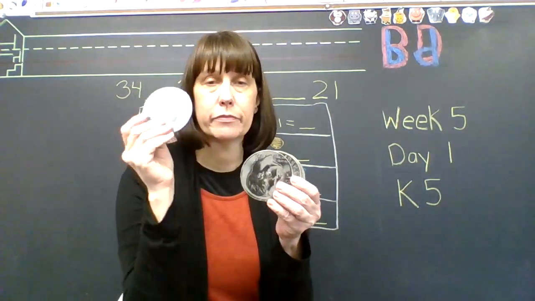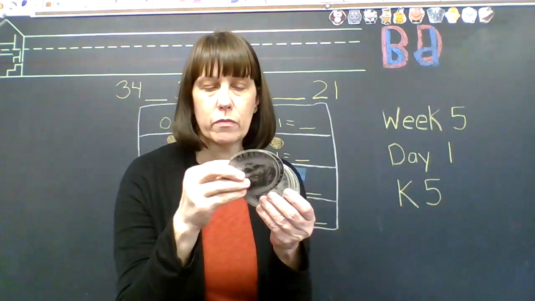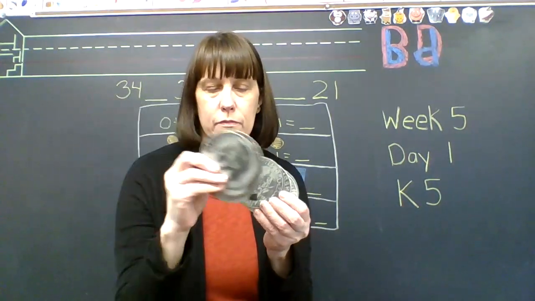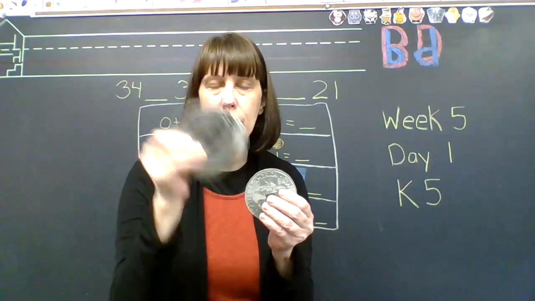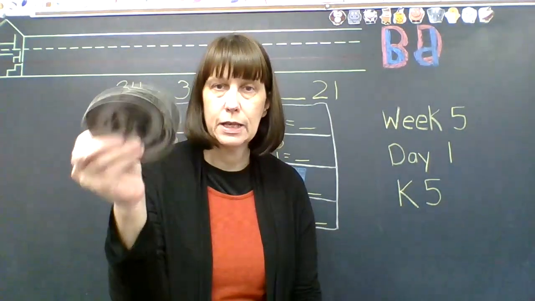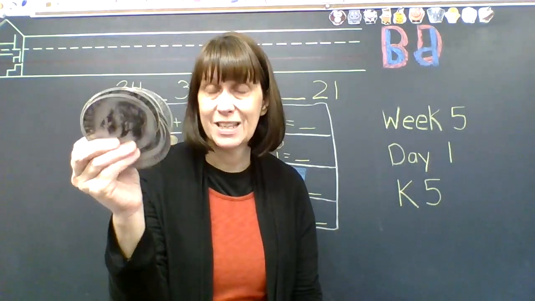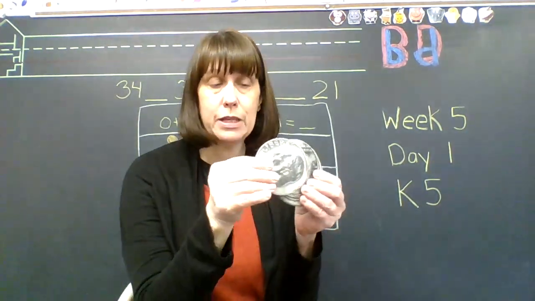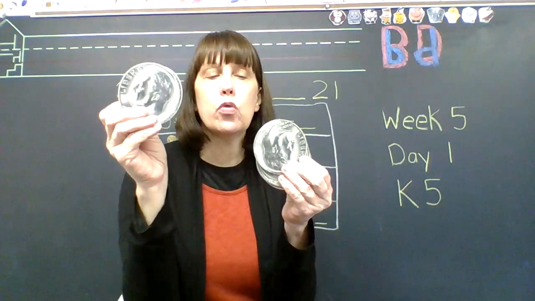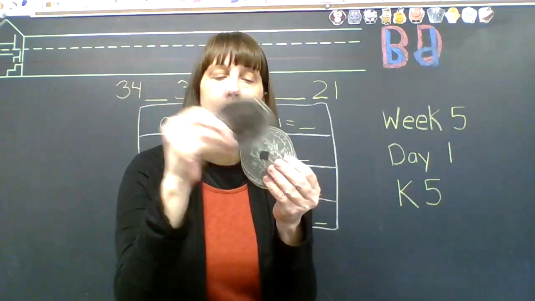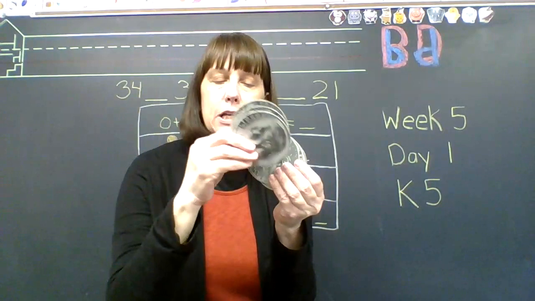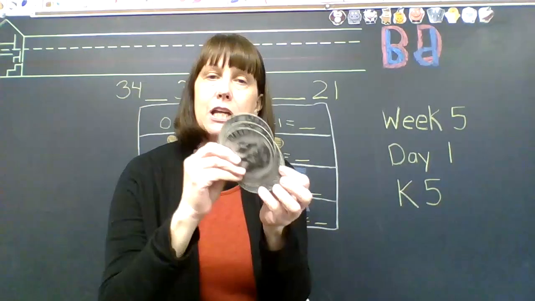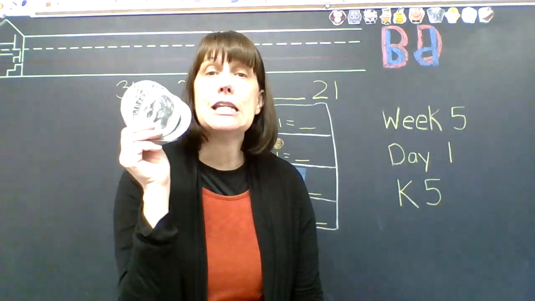All right, boys and girls, I want you to count these dimes. Ready? 90 cents. Let's count them together. 10, 20, 30, 40, 50, 60, 70, 80, 90, 90 cents.